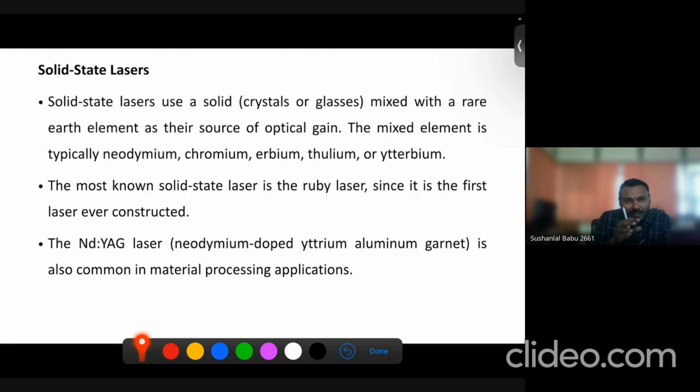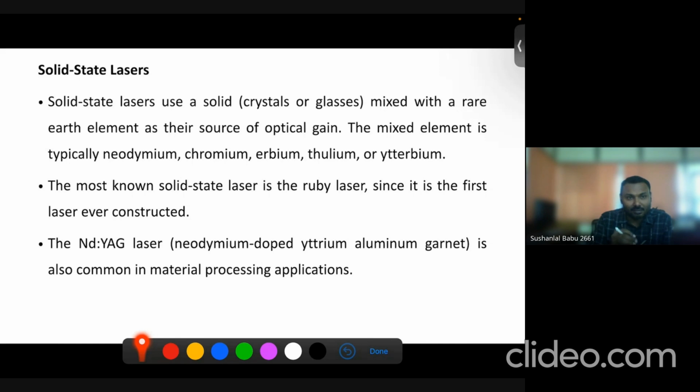That light source we are mainly using for getting population inversion, to increase the number of electrons in the metastable state higher than the ground state. That is the primary purpose of the external energy source.